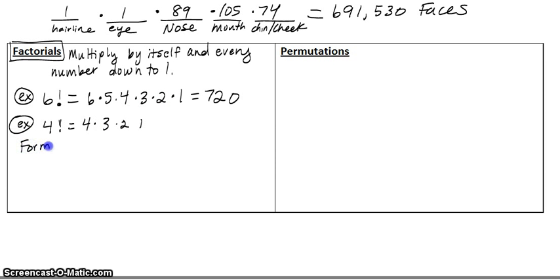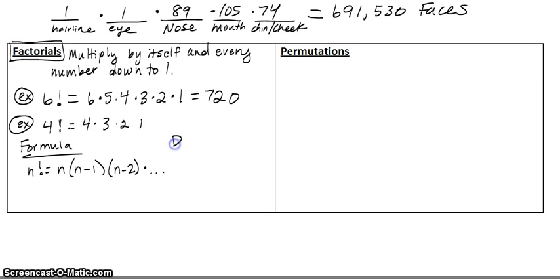In official math language, here's what the formula looks like. It is n factorial equals n, so that's our number, and then the number that's 1 below n, the number that's 2 below, and so on. So if you see that in the book, that's the mathematical way of saying what I just taught you.